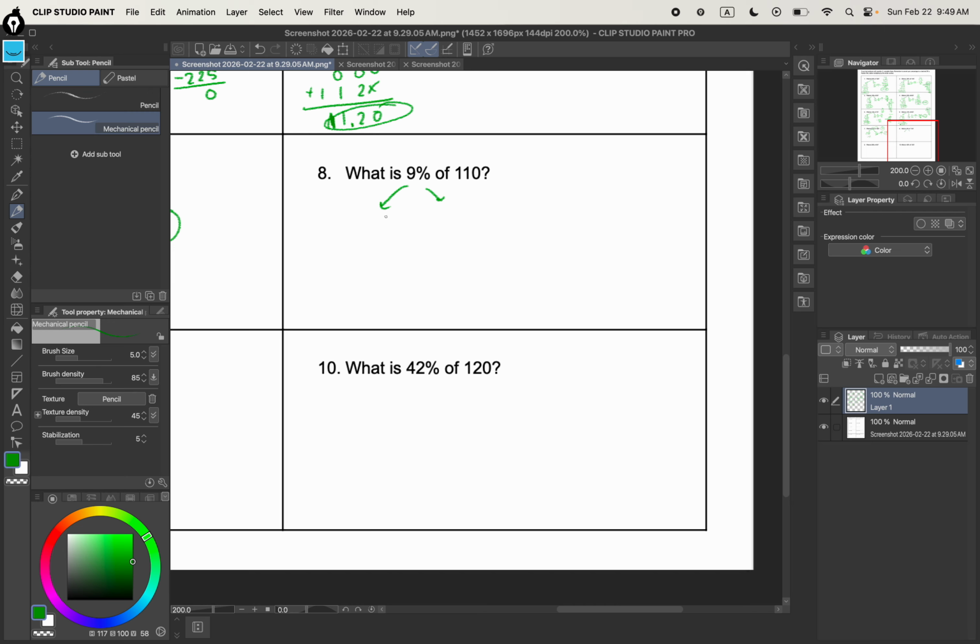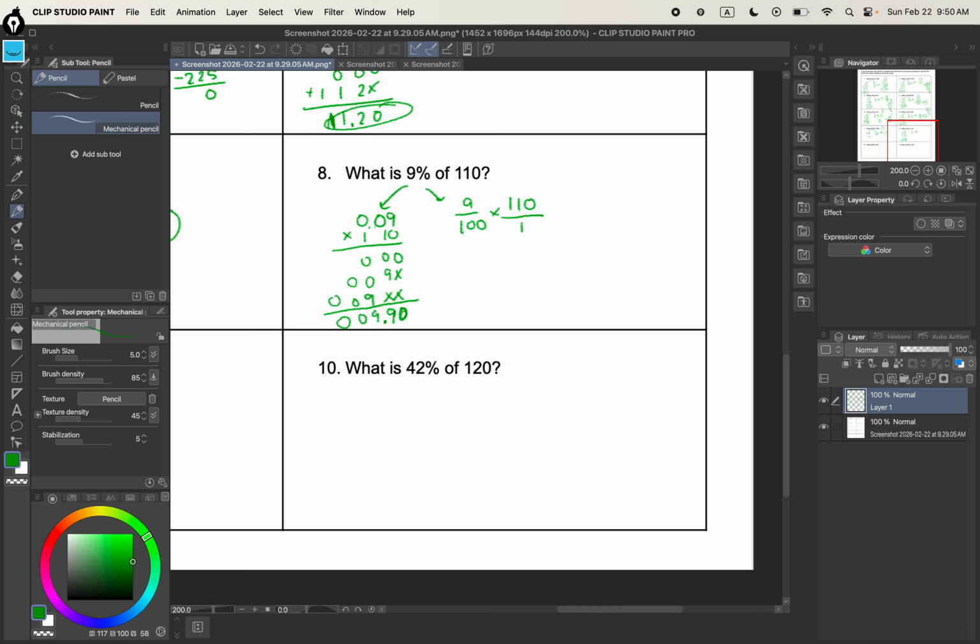Alrighty. 9%. So unfortunately this is not 100, so we do have to do some math. Two decimal places.